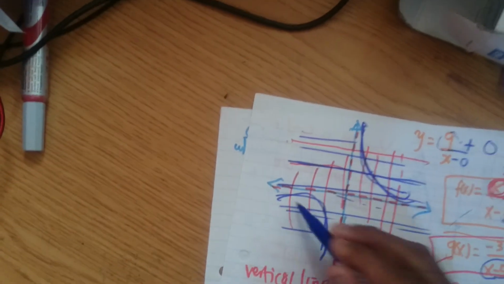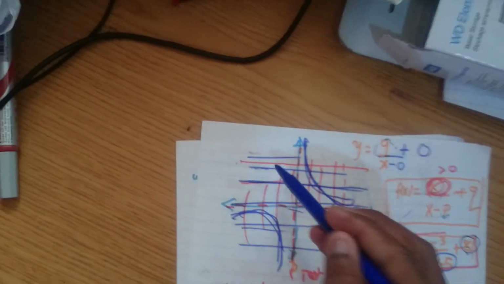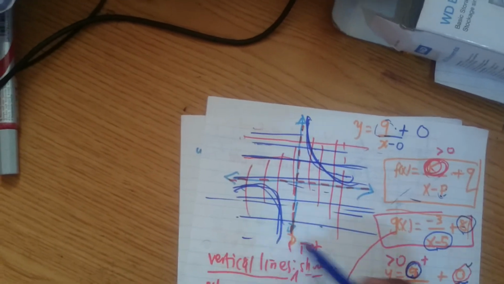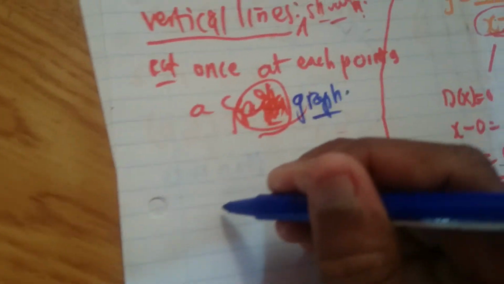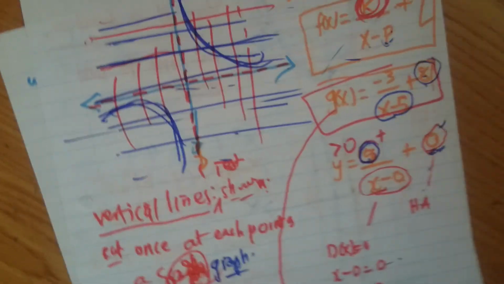So we have tested the function because it cuts once at every point. Now let's test if it's a one-to-one function. It cuts only once at every point, so this is a one-to-one function. So only C. Question 5 is only C. So we go to question 6, right?